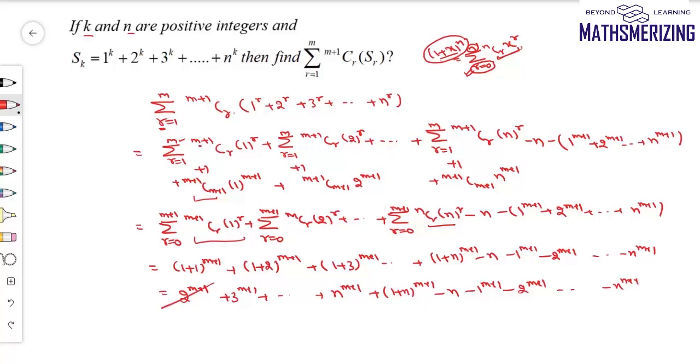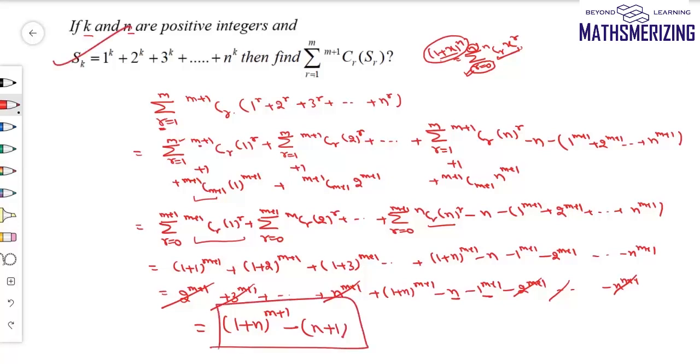Now 2 to the power of m + 1 will get cancelled. In the same way 3, in the same way n. So I'll get (1 + n) to the power of m + 1, and then minus n minus 1. So there'll be minus n plus 1. So the answer to this series will be (1 + n) to the power of m + 1 minus n plus 1.